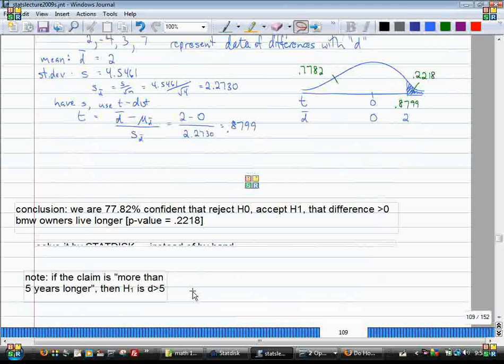Benny, does that make sense? In this case, more than 5 years longer is a way of saying that the difference is bigger than 5.